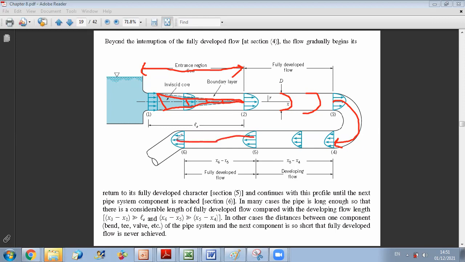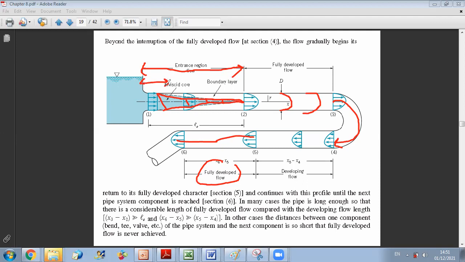Now in this course, in case of laminar flows, we'll just do analysis of fully developed flow. And even if we deal with turbulent flow, we'll not consider the effect of entrance regions. But of course, in a turbulent flow, the entrance region will be much smaller. You know why?